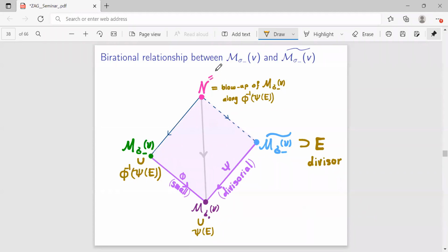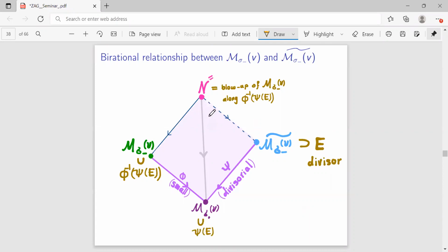Then the universal property of blow-ups tells you that there should be a map from N double prime to M sigma naught, because we have this map from this M by this construction, such that the pullback of this psi of E here is Cartier.